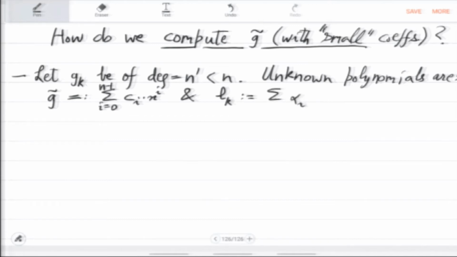Let's give it the coefficients alpha I. And G tilde is Gk times Lk, right? So G tilde has degree n minus 1 at most. So Lk will have degree n minus 1 minus n prime.